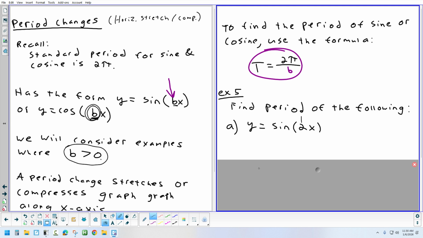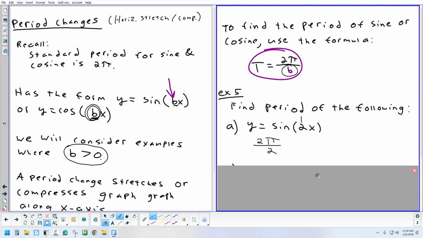What's b in example 5a? What's the b value? Yeah, 2. So you're going to take 2 and fill it in right there. So you have 2 pi over b, which in this case is 2 pi over 2. And what is 2 pi over 2 reduced to?